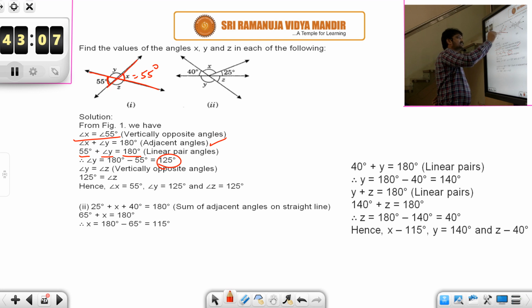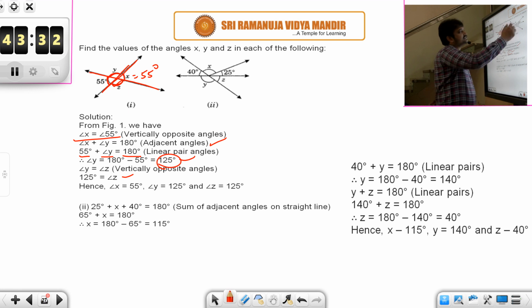Similarly, if you look at this line, x and z are also forming a linear pair, right? So x plus z is 180. So you will get z as 125. Or in a similar way, you could also say that y and z are vertically opposite angles. So once you know the value of y, you could say that z is equal to 125, since y and z are vertically opposite angles.